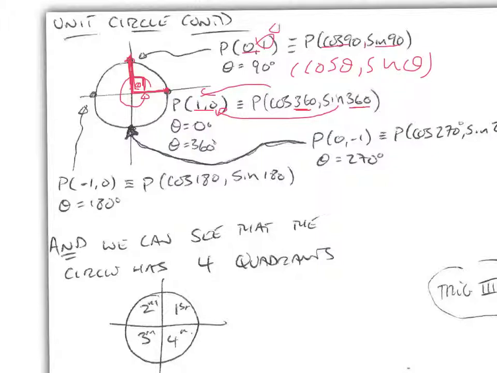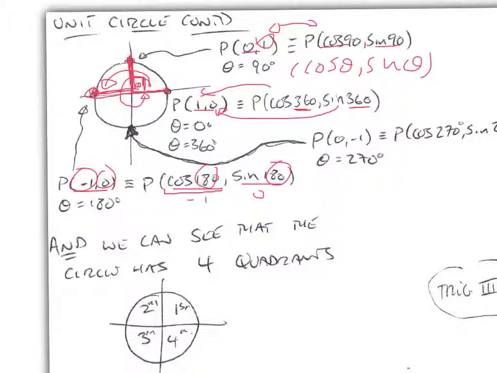So we can represent that position either way. If we go to this point here, which is minus 1 on the x and 0 on the y, and is also represented by the angle of 180, then the coordinates are (-1, 0), or we can find them by plugging in theta into cos theta and sine theta, which gives minus 1 and 0.